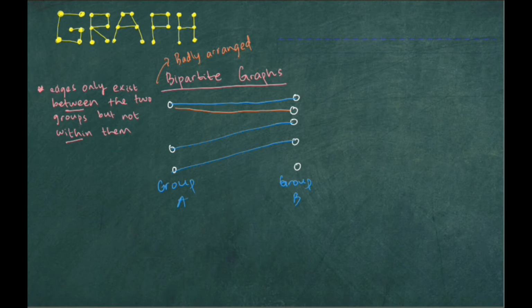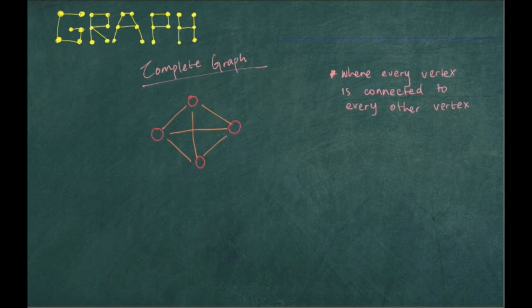Moving on, we have complete graphs, and that is a graph where every single vertex has an edge to every other vertex. So in a very simple graph of these four nodes, this is of course trivial, and even if we add one more node, it's still not too complicated, right?